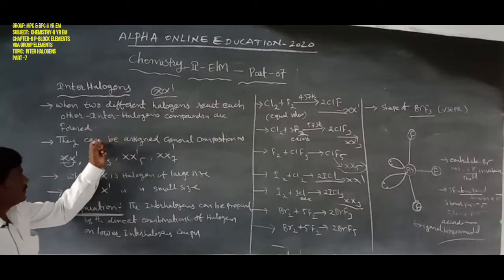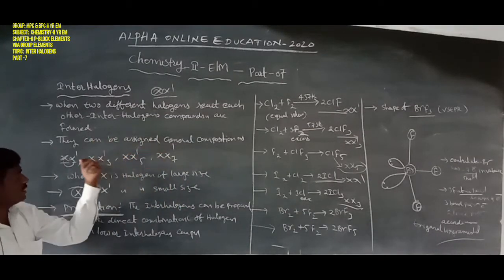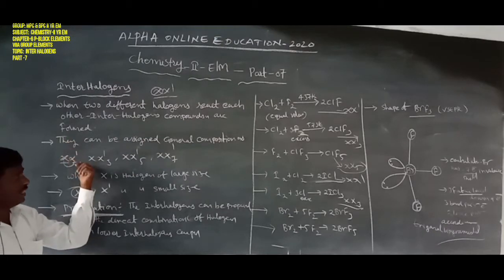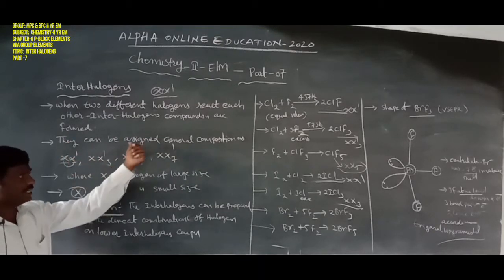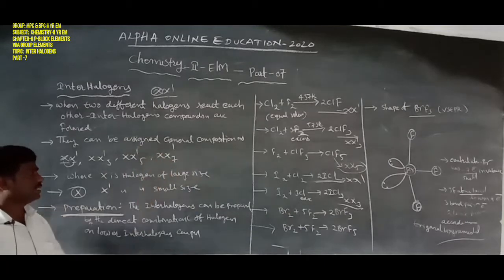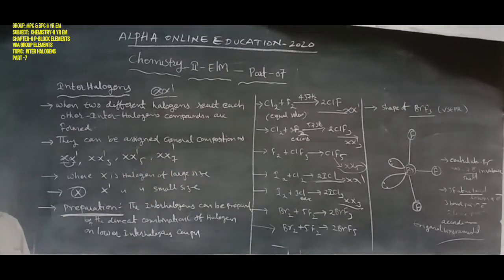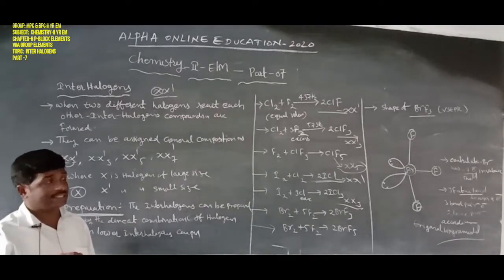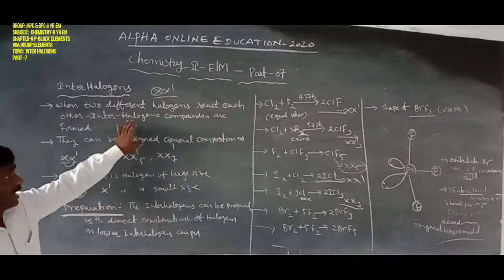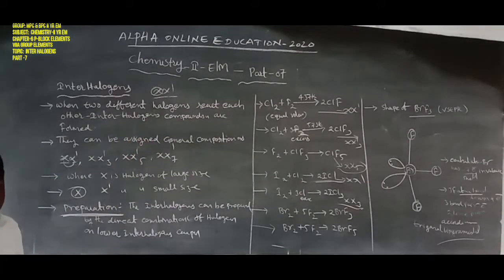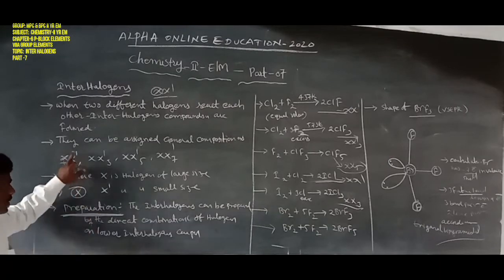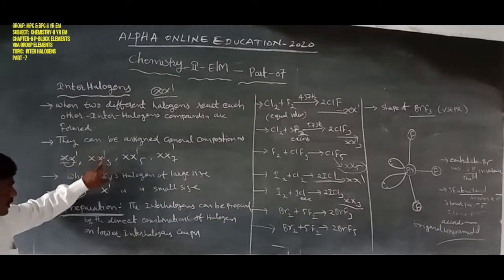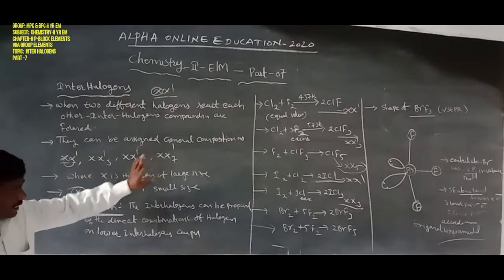They can be assigned general compositions like XX-1, XX-3, XX-5, XX-7. When two binary halogens combine or react with each other, interhalogen compounds are formed, of the types XX-3, XX-5, XX-7.